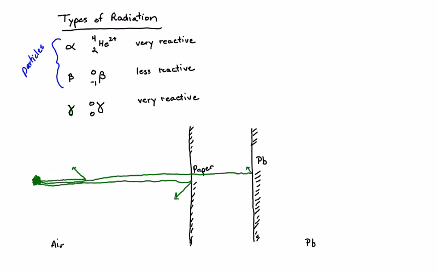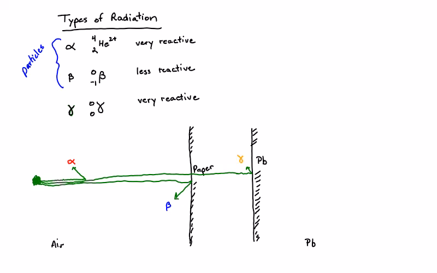The one that reacts the fastest is going to react with the air. So that's the alpha radiation. The beta radiation can be stopped by something as simple as a sheet of paper. But the gamma radiation, that's going to require a wall of lead to stop it.